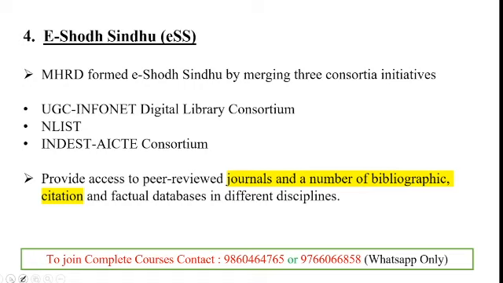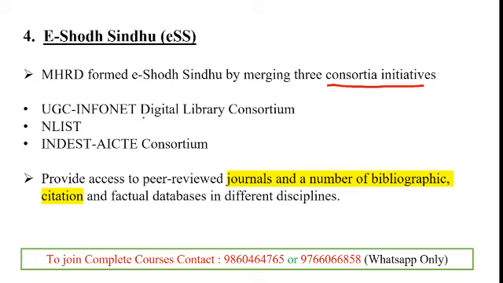e-ShodhSindhu is the other important initiative by MHRD, and it merges three consortia initiatives. One is the UGC-INFONET Digital Library Consortium. Here the INFONET is the national initiative for providing access to scholarly electronic resources, in full text and bibliographic databases, and it facilitates access to high quality e-resources.